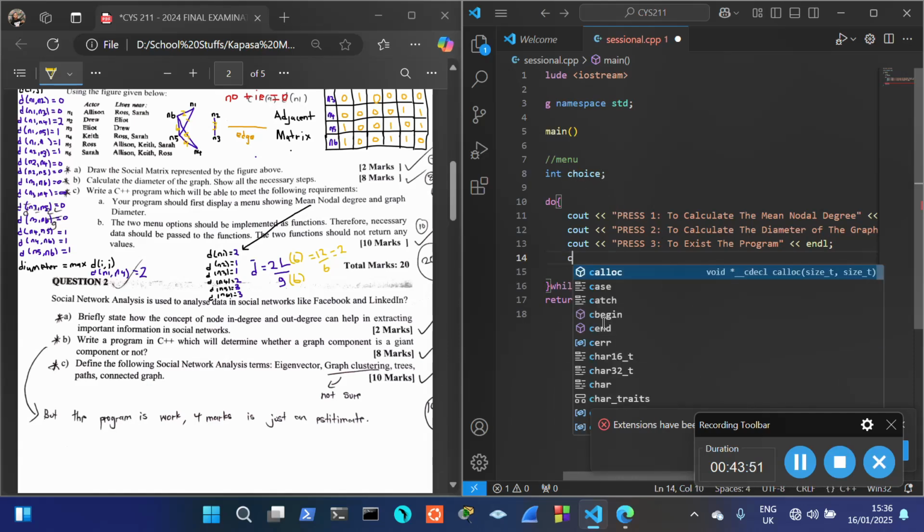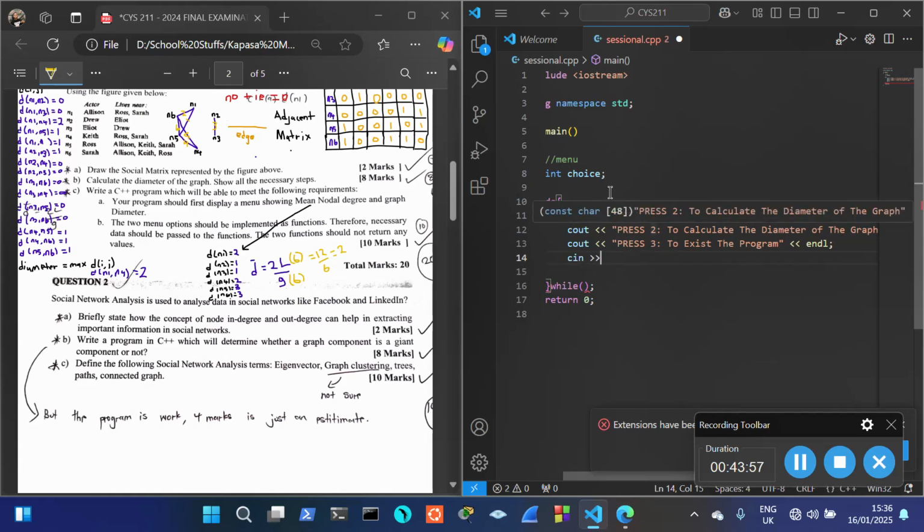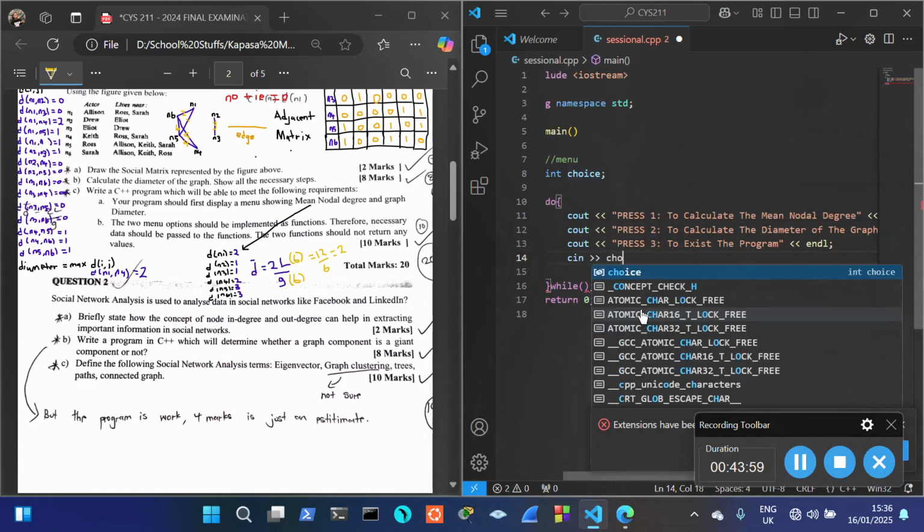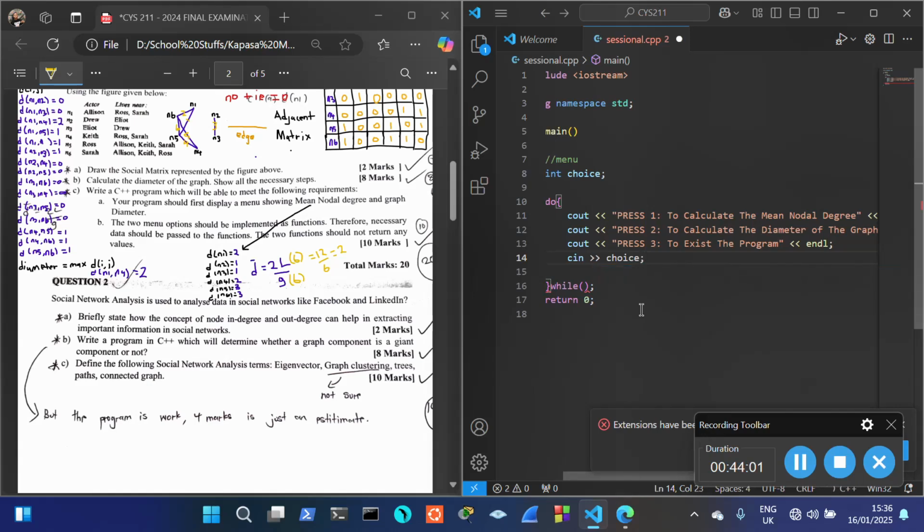So I'm going to say cin, which is a console input. I'm going to accept all the input which a user can make into this variable called choice, because whatever choice is made by the user needs to be saved in this variable called choice.